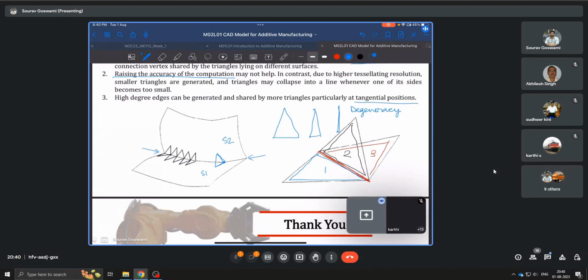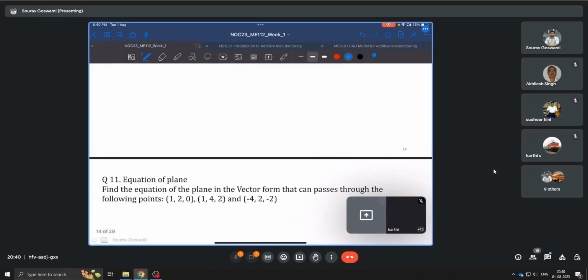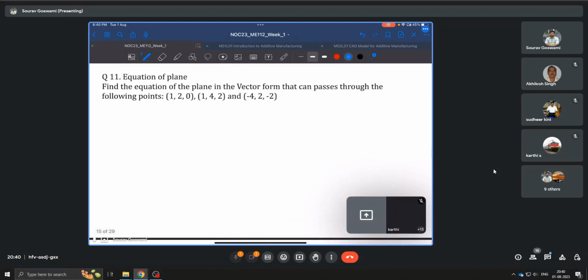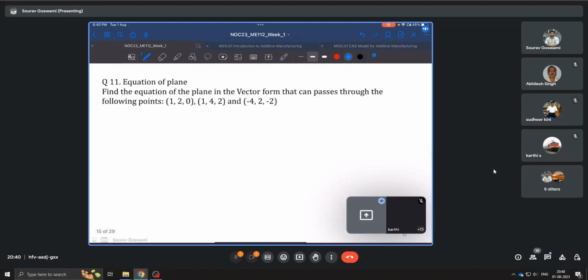Now we'll work out some of the example problems which are relevant to this lecture. So, equation of plane. Given three vertices, say I name them A, B, and C, can we actually find the equation of the plane that is passing through all three of these? Yes, we can.